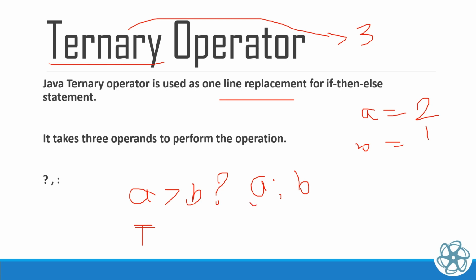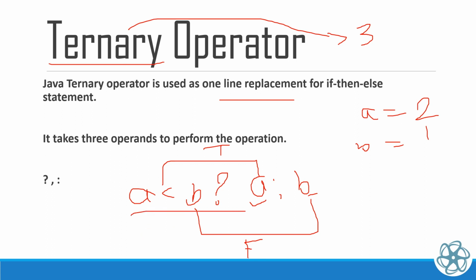Then A will be printed. If the condition is false, then B will be printed. Did you get my point? So like this we can print the valid answers. Let's move to VS Code and run these programs.